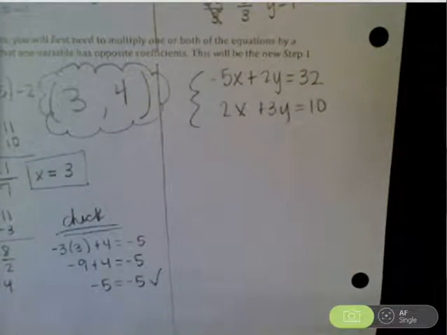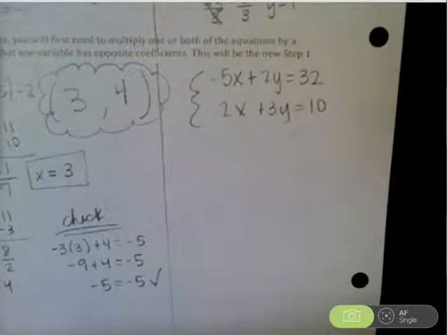So do you see any terms that are opposites that would cancel out right now? No. Do you see any terms that are the same? No. So what we need to do in this situation is decide again, are we going to eliminate the x values? Are we going to eliminate the y values?